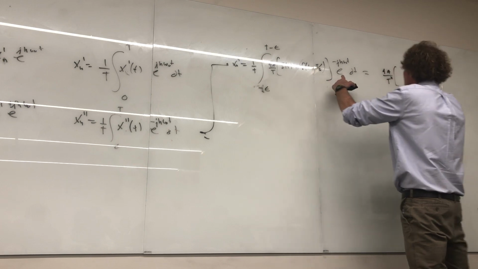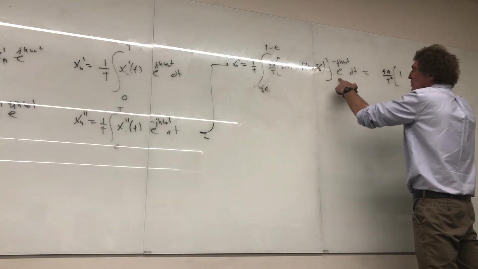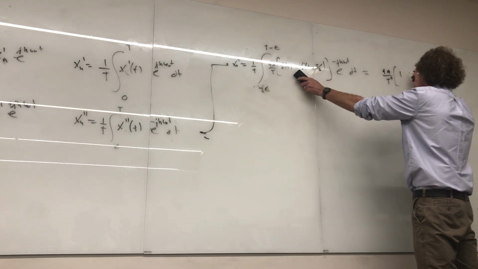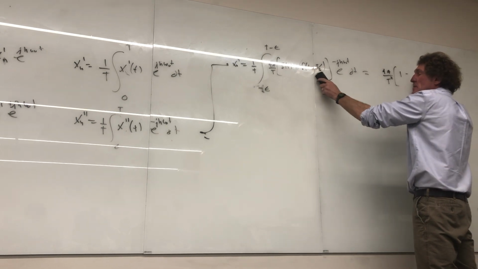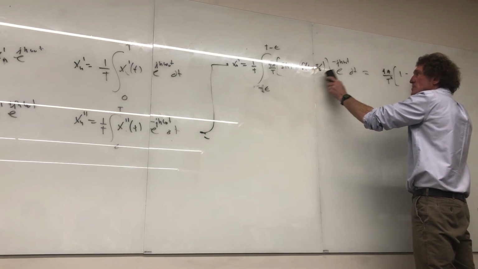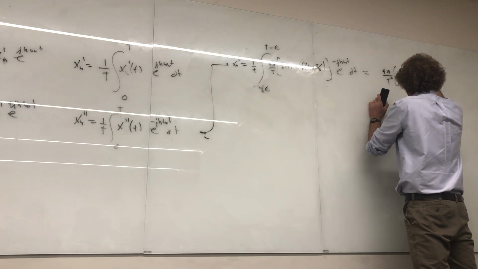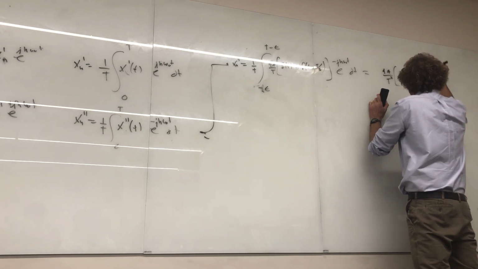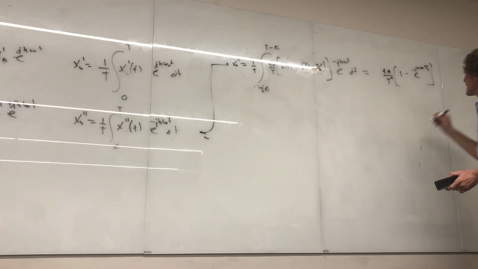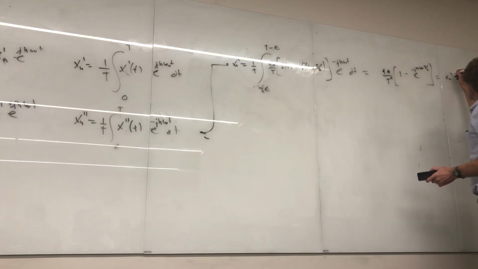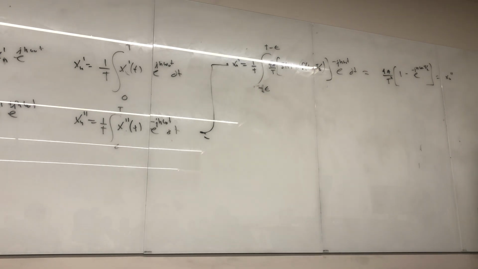The first one, when I integrate it, is just 1. What about the second one? There's a negative sense to it. When does this turn on? T over 2. So now I have e to the minus jn omega naught T over 2. And what is that? That's x of n double prime. Can you all follow me?